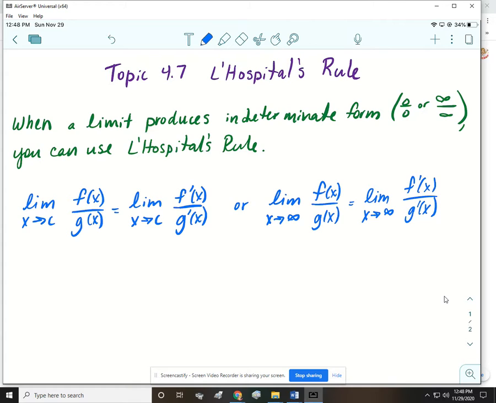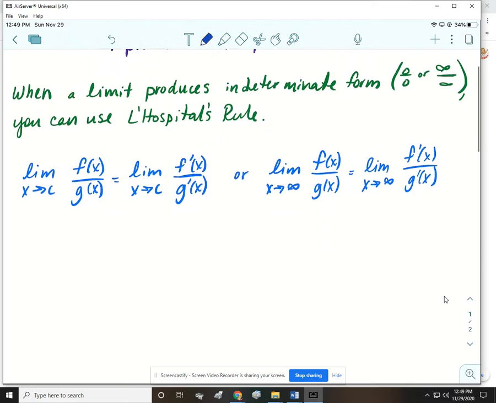And you can keep finding the derivatives. If you keep getting indeterminate form, find the derivative again, until eventually maybe you can plug in infinity and get just a value instead of something indeterminate. All right, so let's look at some examples.